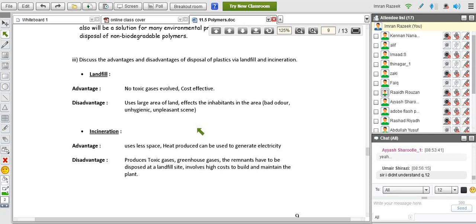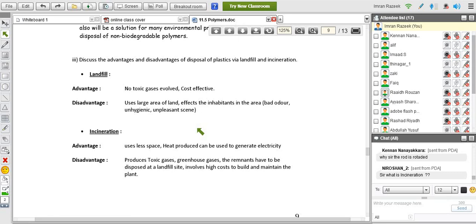Also, no toxic gases evolve when you just dump it in the landfill site. The main disadvantage is that it needs a lot of landfill area, and it affects the inhabitants in the area, for example the bad smell coming out of it, which is very unhygienic and unpleasant to see.